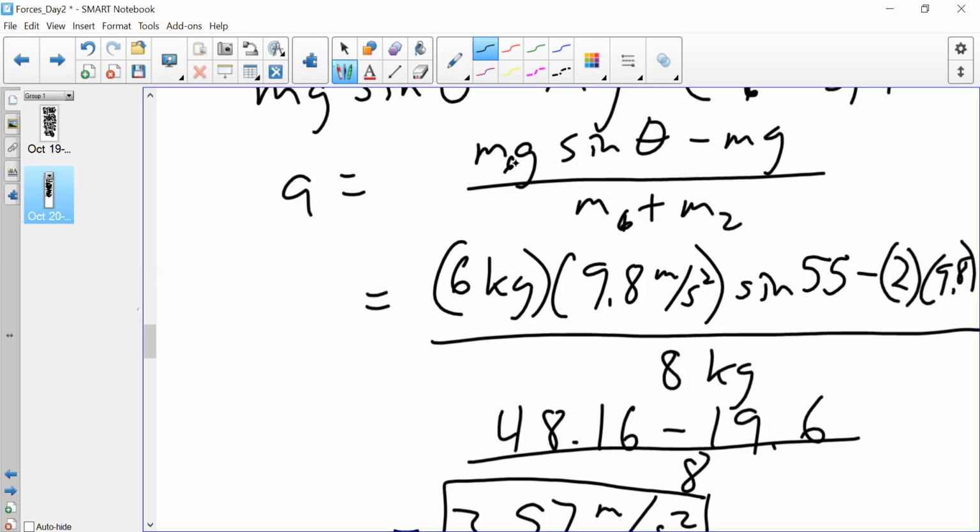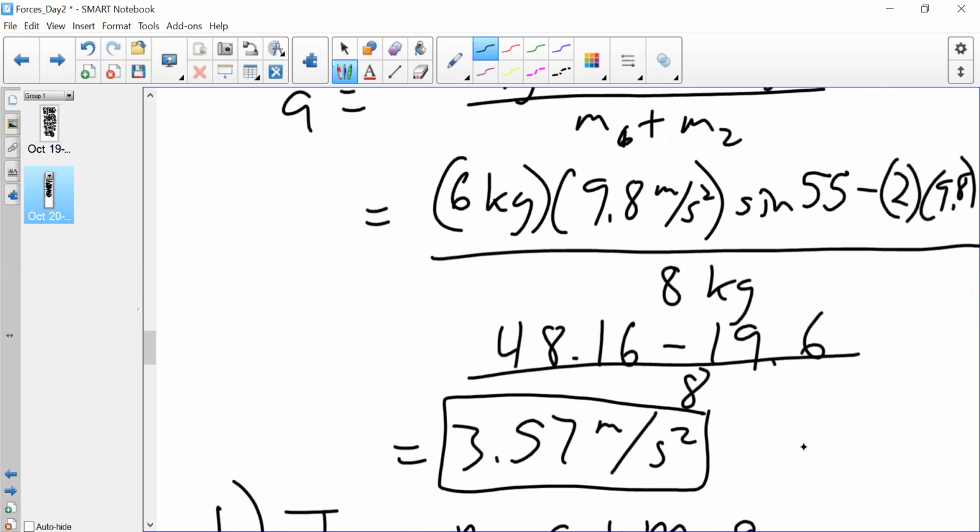This would be the 6 because I'm taking it from the first equation for the 6 kilogram mass, and then this is the 2, where m1 is 6 and m2 is 2. 6 times 9.8 sine 55 minus 19.6, over 8. And then it comes out to 3.57. All right, I think I get it now.